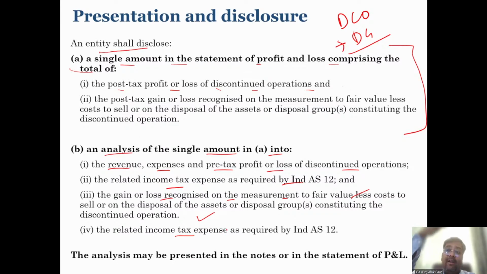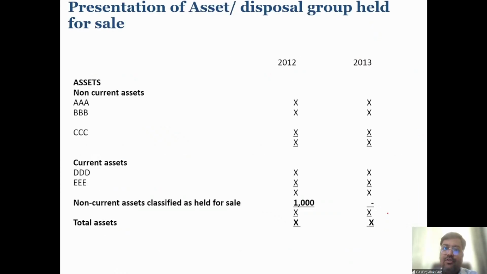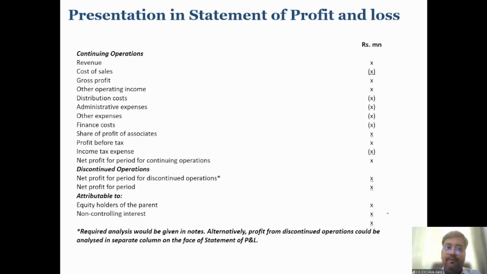It means the detailed one on the face of P&L itself, the first presentation, right? But this analysis, this presentation, the standard says that you can show on the face of the P&L, or you can show in the notes to accounts as well. You can show in the notes to accounts as well, or in the statement of P&L. Right, friends? Now let me show you.